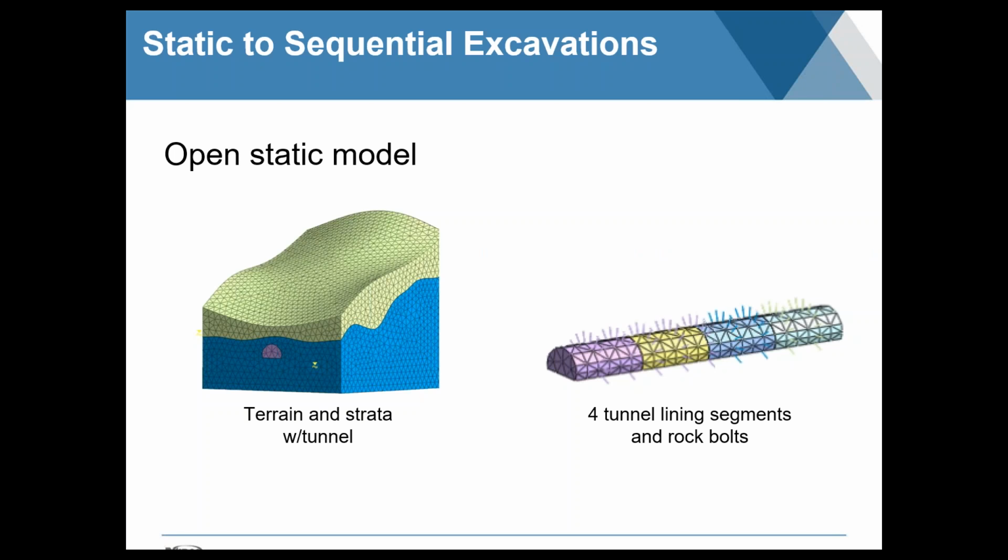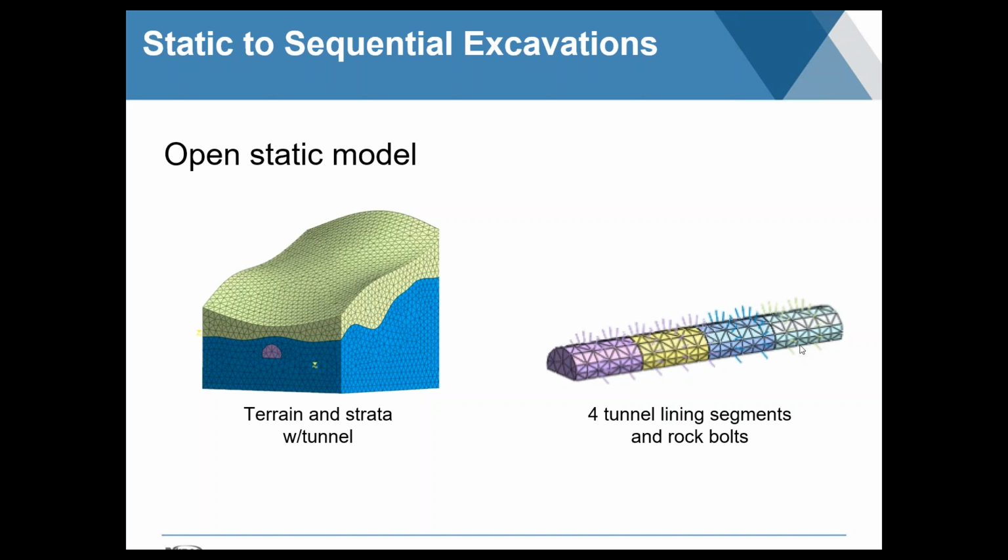So again, going back as a starting point, we'll look at last week's example. We focused on setting up the model, and to make it simple, we only divided the tunnel into 4 main segments. We focused on meshing the 3D, and how to get the lining and the supports like the rock bolts.